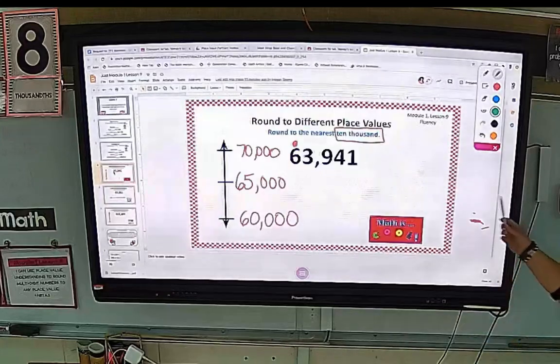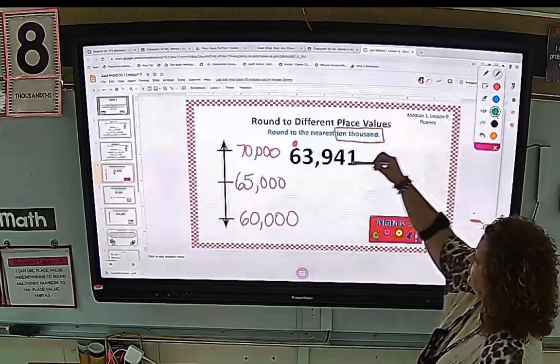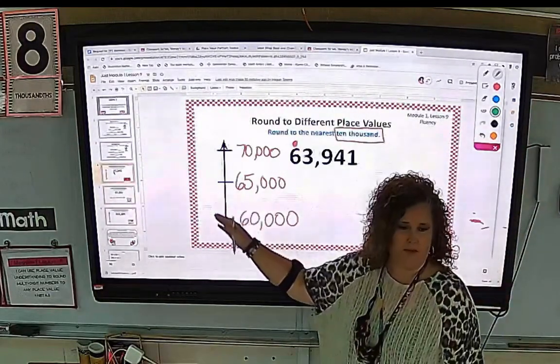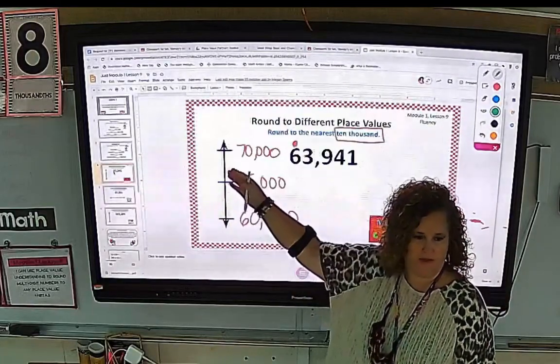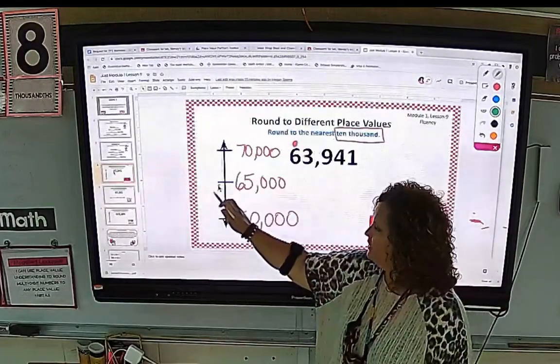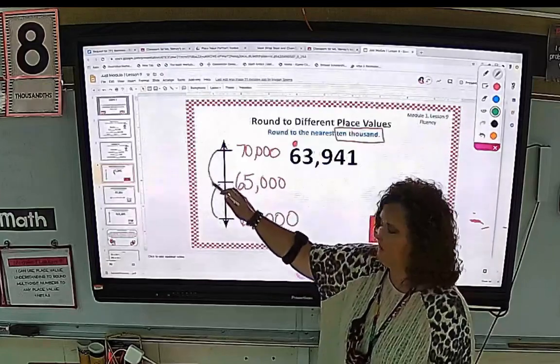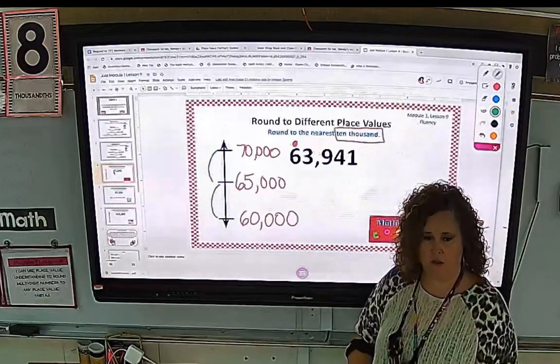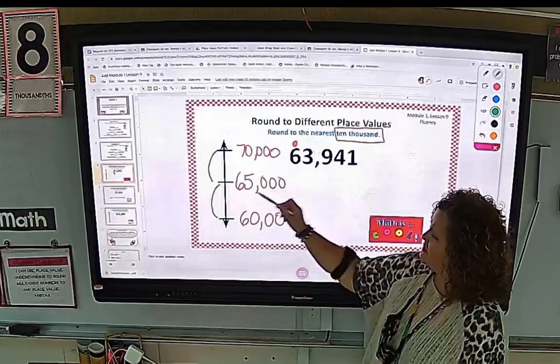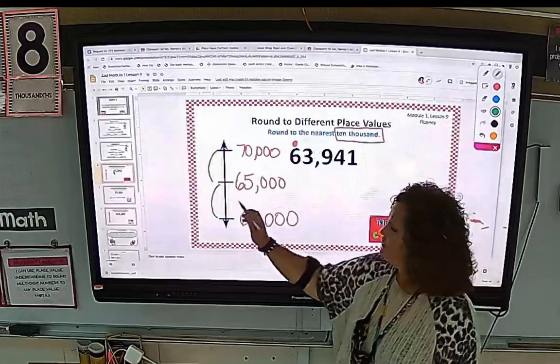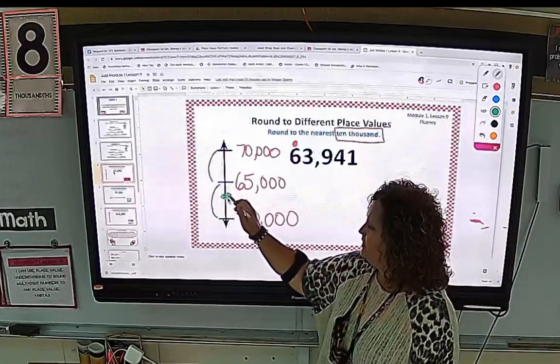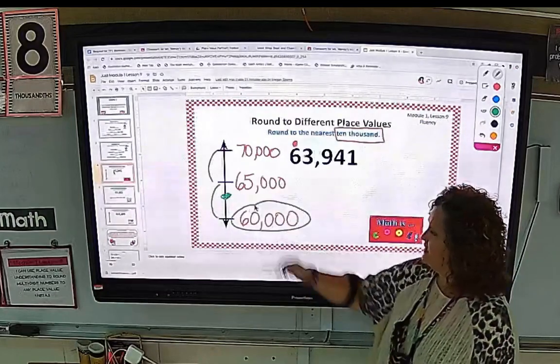If you have done the number line way, then you have put your number on the number line. Would it be in the bottom half of the number line or the top half? Valerie, did you put yours down here or up here? Down. Okay, because 63 is smaller than 65, isn't it? That's our first clue. So it would be right about here. So our number is closer to this.